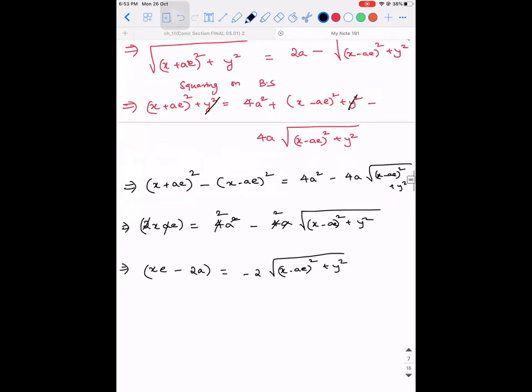Okay. Now again we need to eliminate the square root. So for that, what we will do is square on both sides.